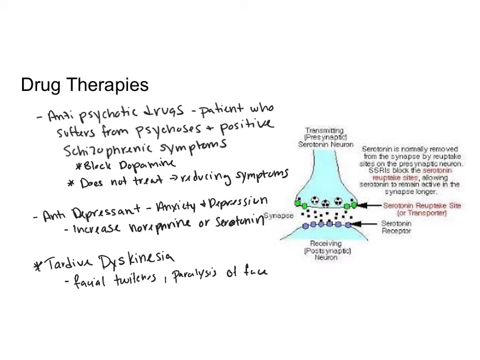Another type of drug that they could potentially use to address anxiety and depression is what we call an SSRI, a selective serotonin reuptake inhibitor, which is what you see right below here. What happens is you are releasing serotonin. So these little guys are your serotonin.